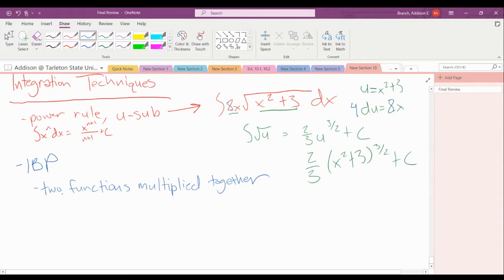Usually for this one, your format will be the integral of u dv. And if you integrate that, it will be u times v minus the integral of v du.